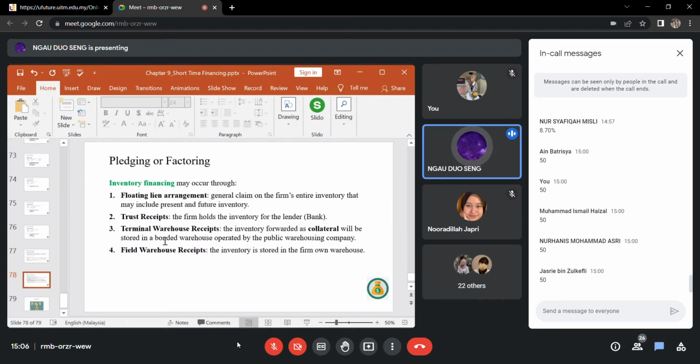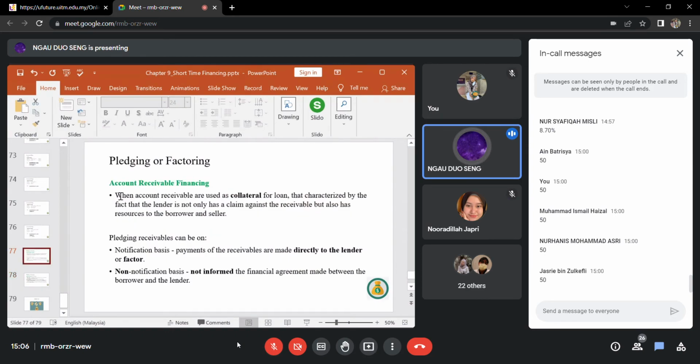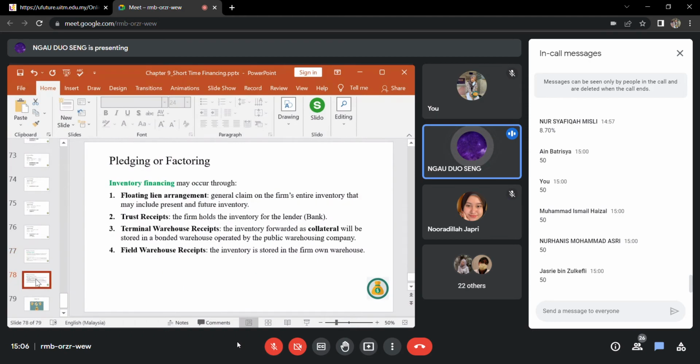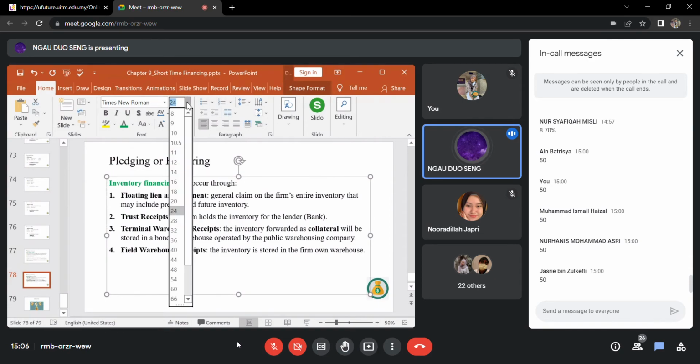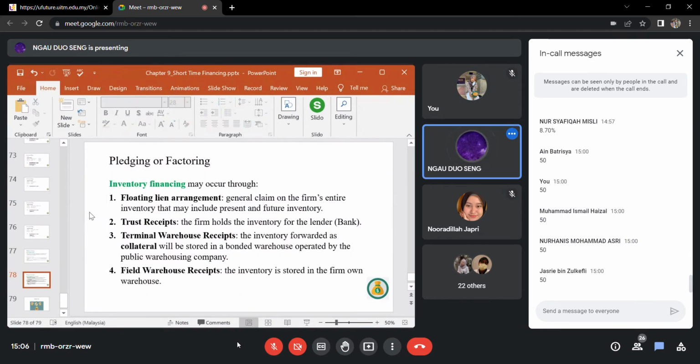Okay, lastly is inventory financing, which may occur through, this previous one used account receivable to borrow money. Another way is using inventory. Inventory financing may occur through a floating lien arrangement or a general claim on the firm's entire inventory.